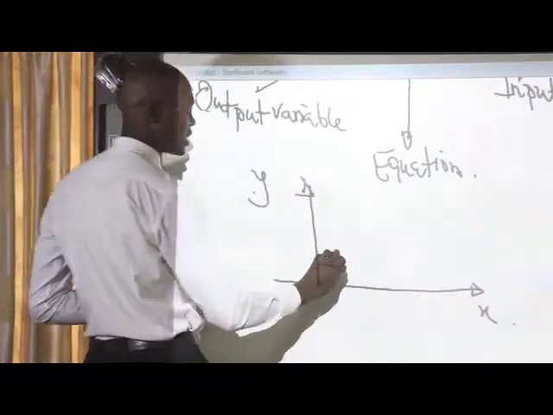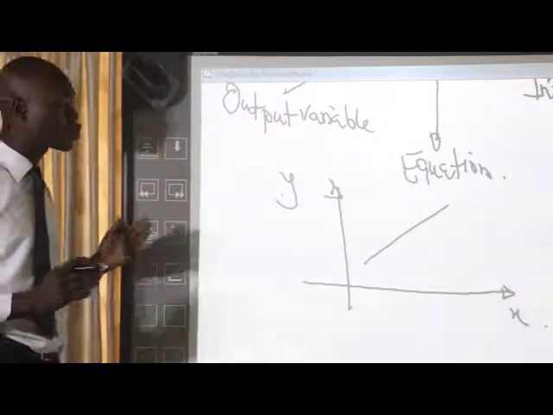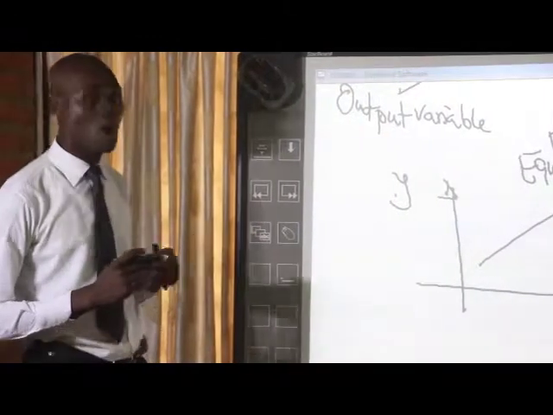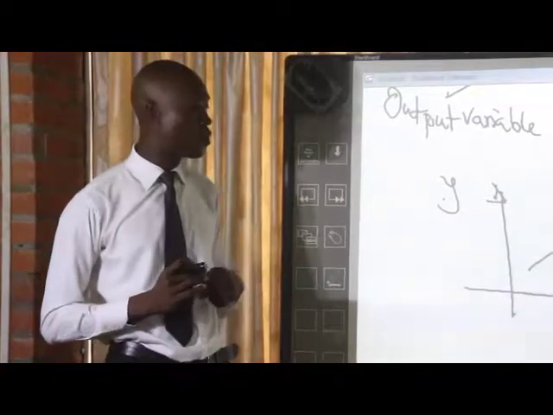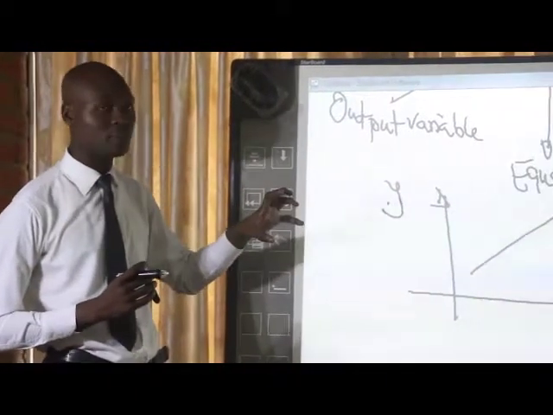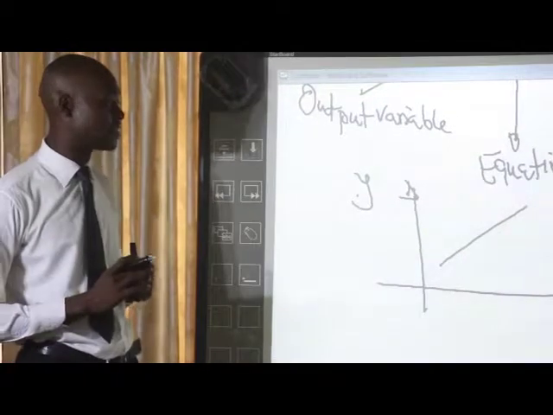If you have a straight line of this form, we can determine the slope of this line, or the gradient of the line. Usually the gradient or slope measures how steep the line is relative to the horizontal axis.